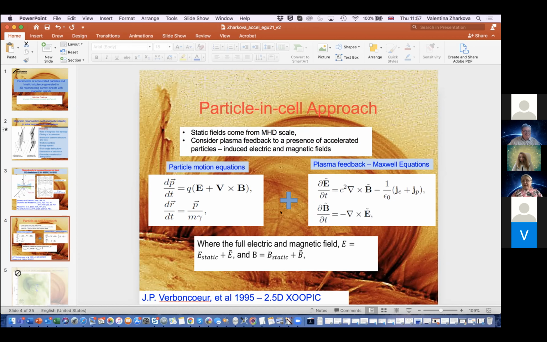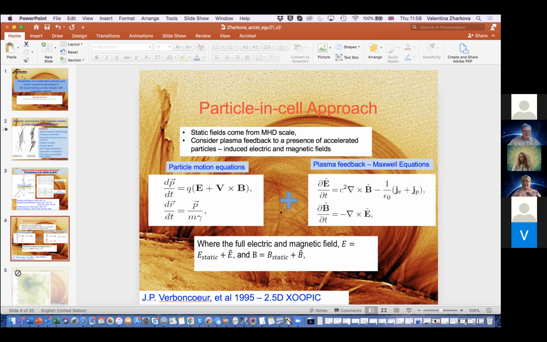Then, in order to restore the full picture, we simulated 3D. We forgot about the static field. We allowed the current sheet to develop its own reconnection and simulated it, but we knew what the particles would do in this model, and this helped us understand where we can build in the plane perpendicular to the current sheet mid-plane and see how the particles were accelerated.